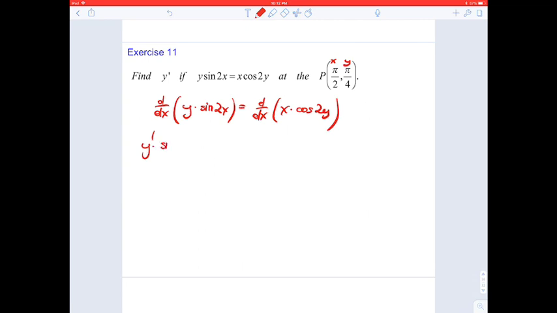Derivative of y, y prime, times sine of 2x plus y. Derivative of sine of 2x is cosine of 2x times 2. Again, product rule. Derivative of x is 1 times cosine of 2y plus x. Derivative of cosine of 2y is negative sine of 2y times 2. I can put 2 here.